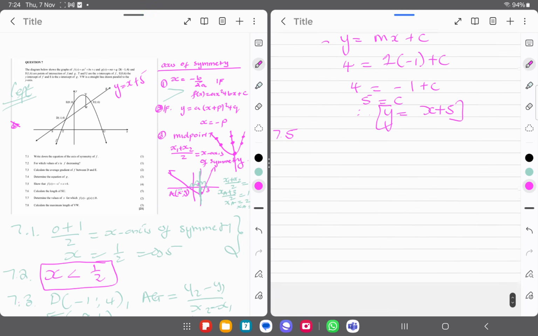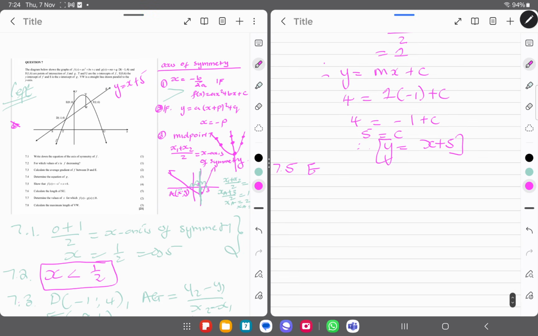equation is given this. Let's talk about the equation of a parabola. Expected questions. Situation number 1: when you are given the x-intercepts and one point.